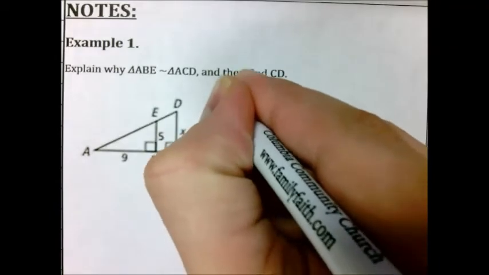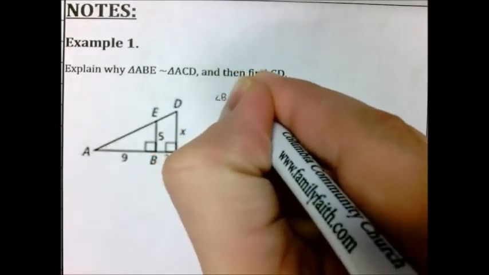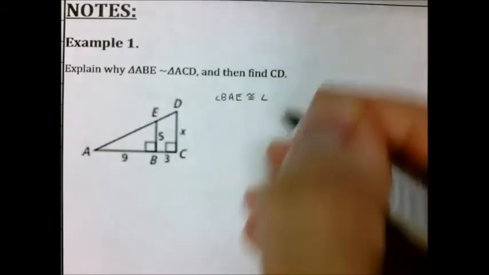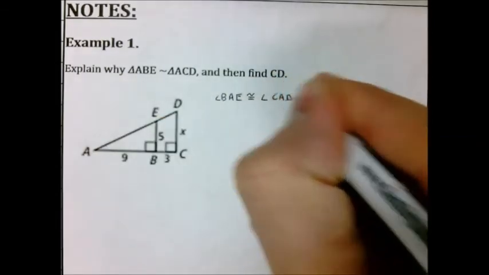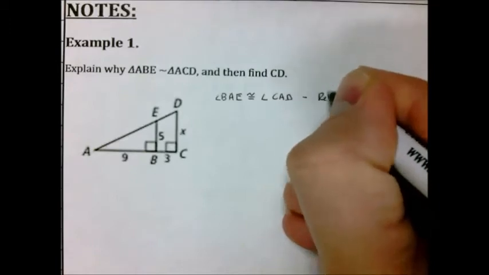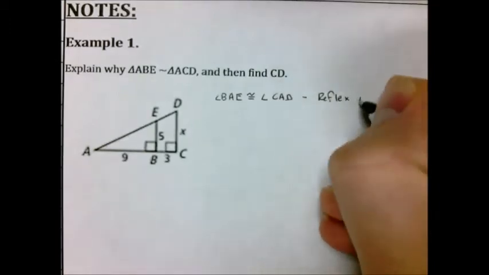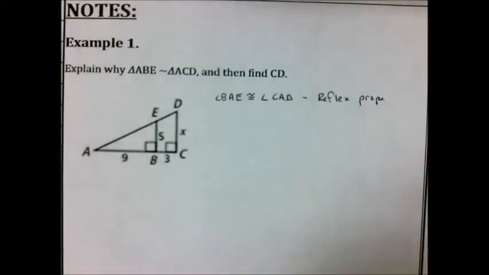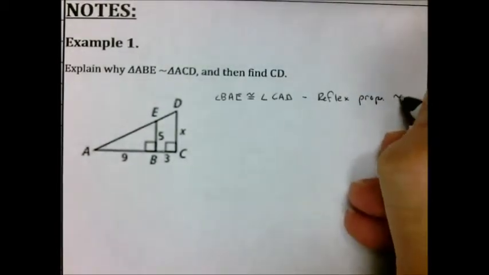So angle BAE is congruent to angle CAD. Okay, and we know that because that is the exact same angle, which, remember, same line, same angle. It's the reflexive property of congruency.